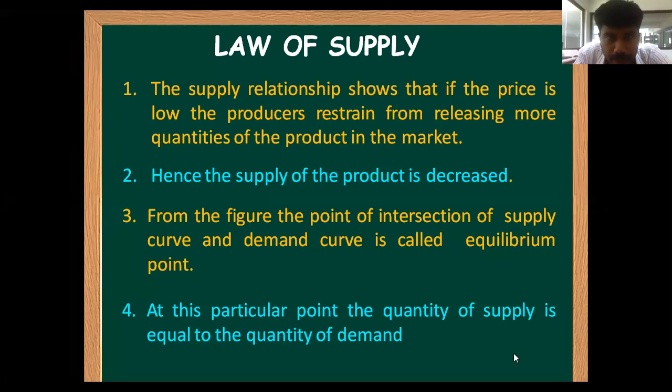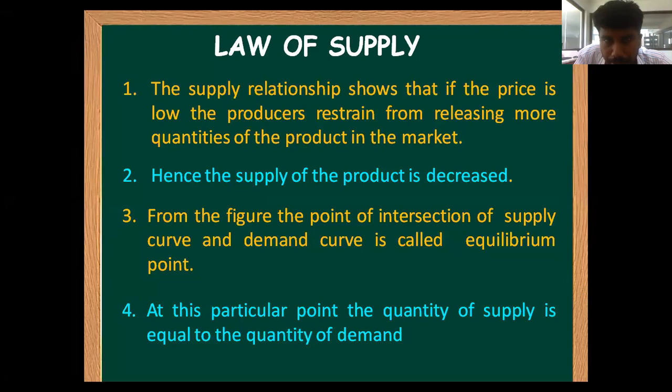In the law of supply, we discussed the law of demand and the law of supply. We are going to study it now. The law of supply shows the relationship that if the price is low, the producers restrain from releasing more quantity of the product in the market.